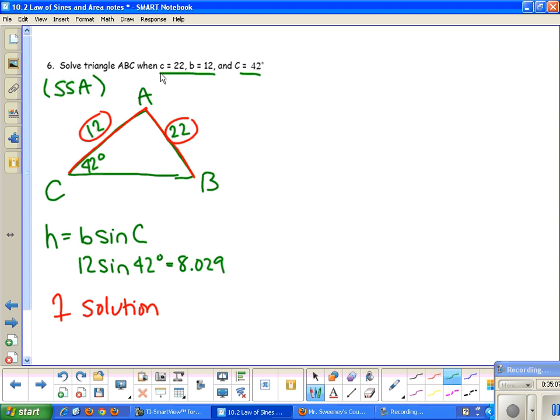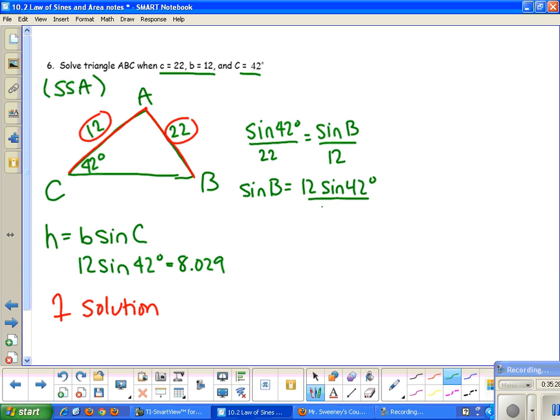So for our triangle solution, if I'm going to solve this, I want to solve for b first. So the sine of 42 degrees over 22 is equal to the sine of b over 12. So that means that the sine of b would be equal to 12 times the sine of 42 degrees divided by 22. Don't forget to do the sine inverse to find your solution.